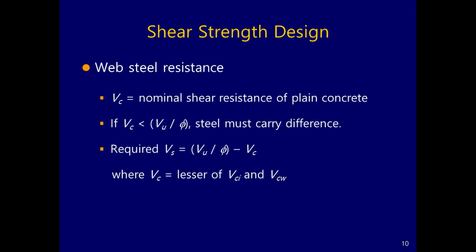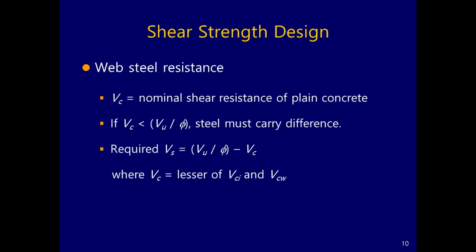The shear strength design procedure is indicated. First, you calculate the factored shear force for that section, and phi here is the strength reduction factor of 0.75 typically.